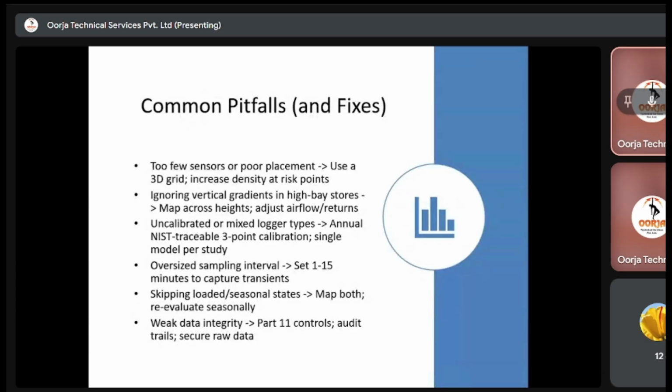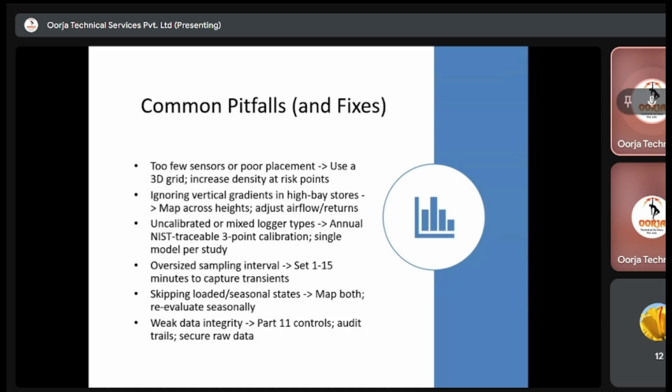Now, next is using uncalibrated data loggers or mixed data logger types. Let's suppose we are using Logtech data loggers, Rotronic, and Testo 174H. So we are using mixed data loggers, but although the accuracy may be the same, the specification is entirely different.